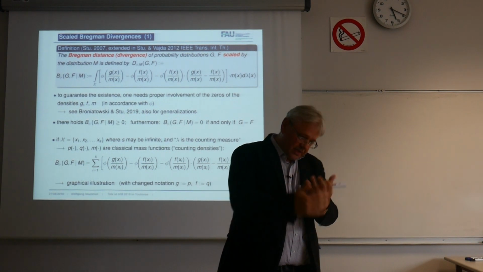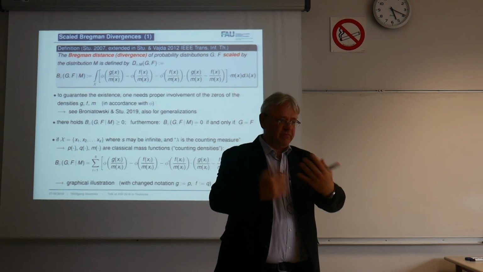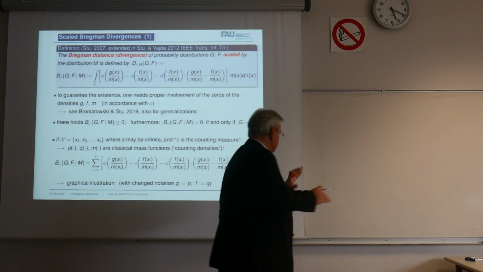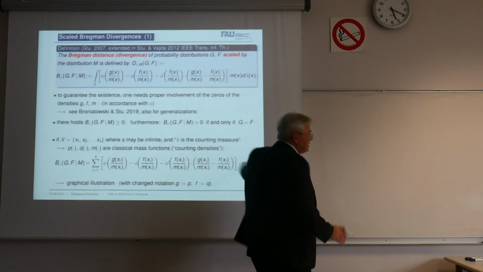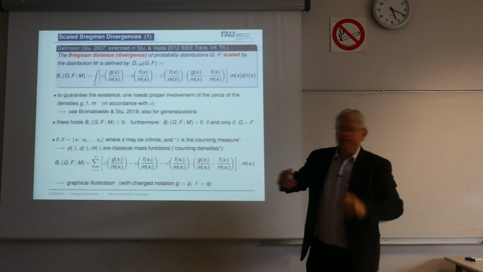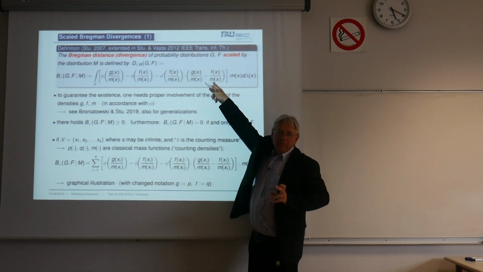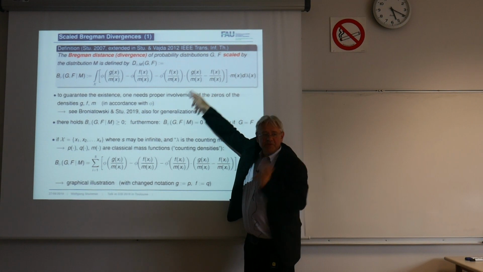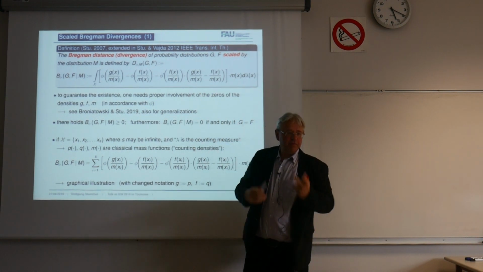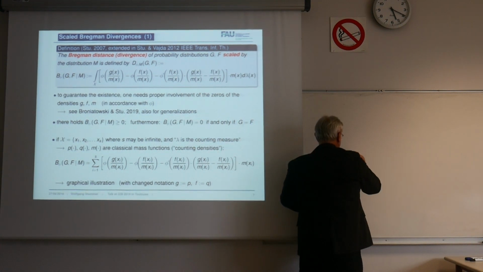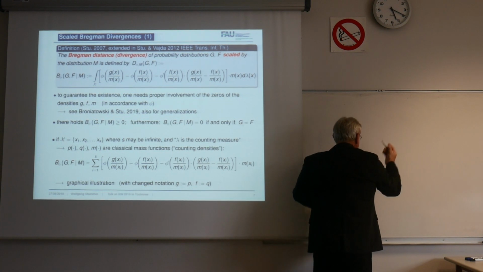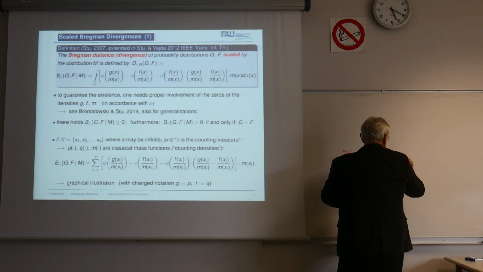Here I showed you, for instance, this exponential family scale. In order to keep things simple, I did not mention that m does not depend on f and g, but you can make it adaptive. For instance, you can have m of x as a function h of p of x and q of x.